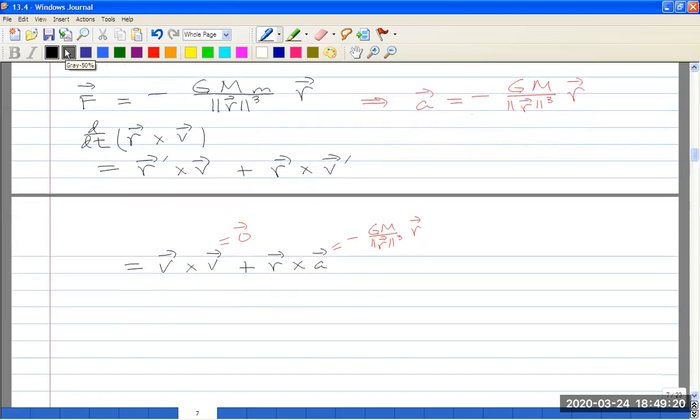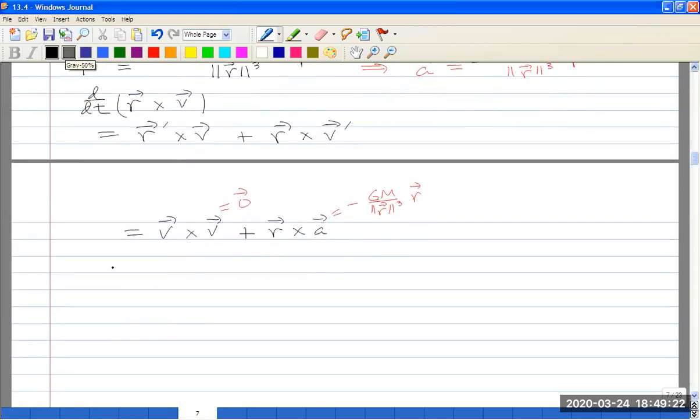And so I have that r cross a is equal to r cross minus GM over r cubed r.